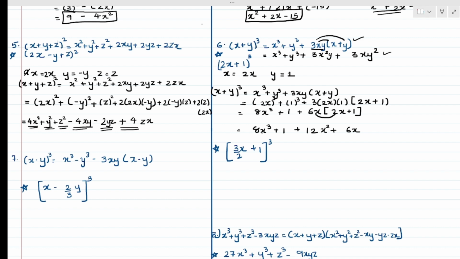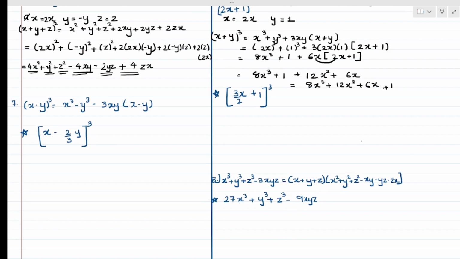So your final answer is 8x cube plus 1 plus 12x square plus 6x. Again, you can arrange them in ascending order or descending order as well. So let's arrange it in a degree format. 8x cube plus 12x square plus 6x plus 1.